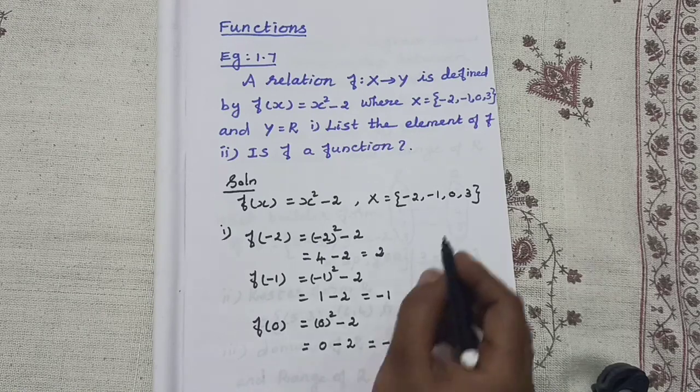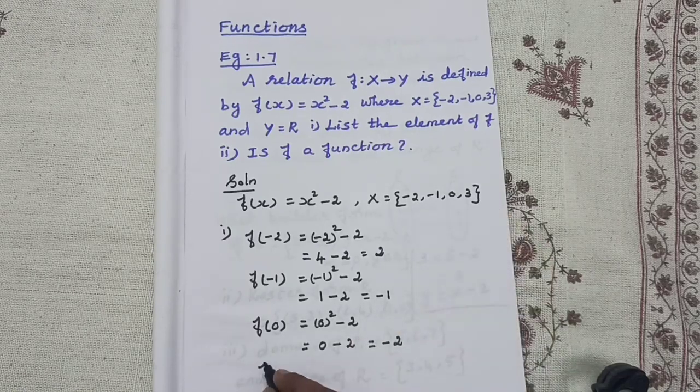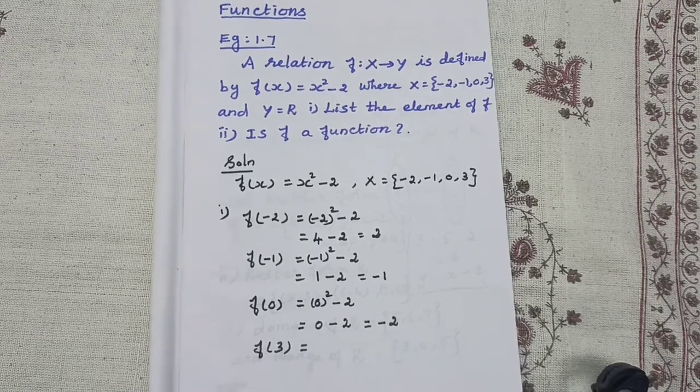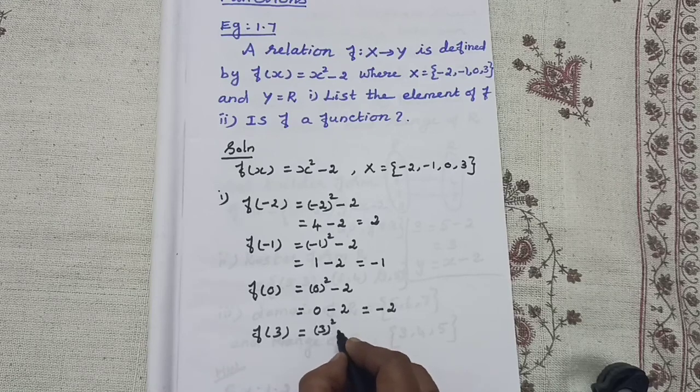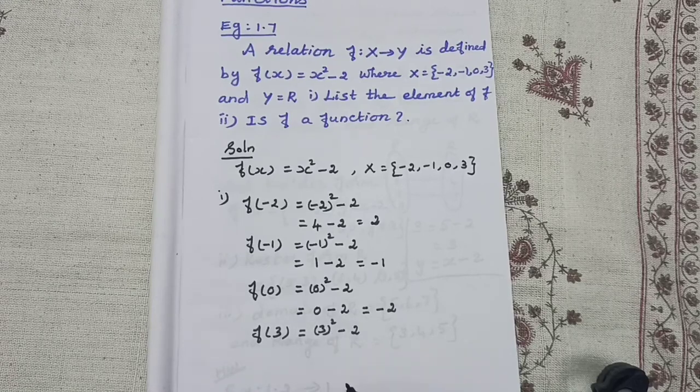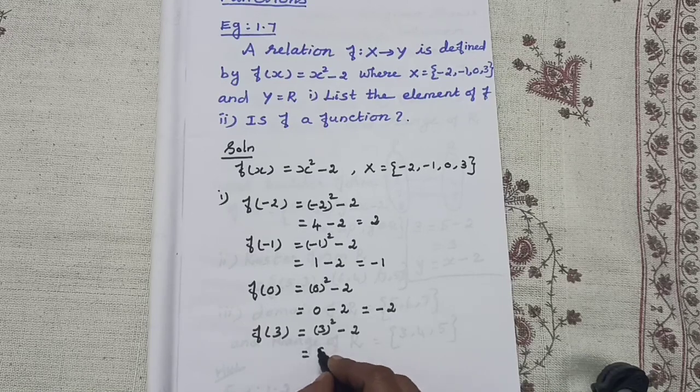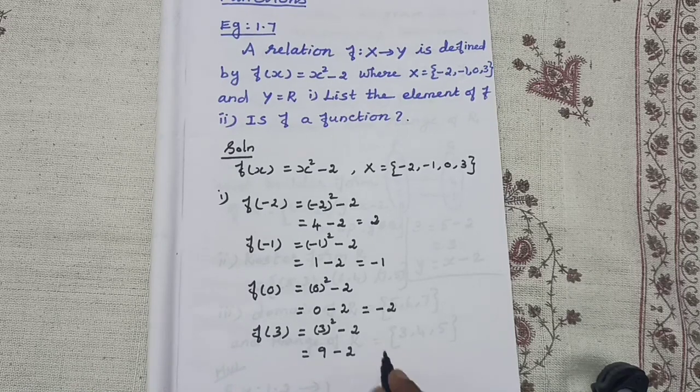Then the fourth element 3: f of 3 is equal to 3 the whole square minus 2. 3 the whole square is 3 threes are 9, minus 2. 9 minus 2 is 7.